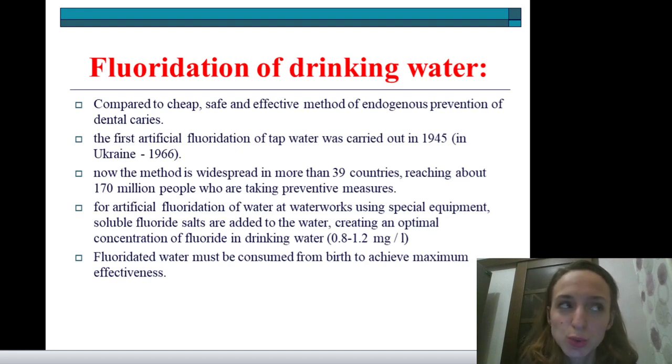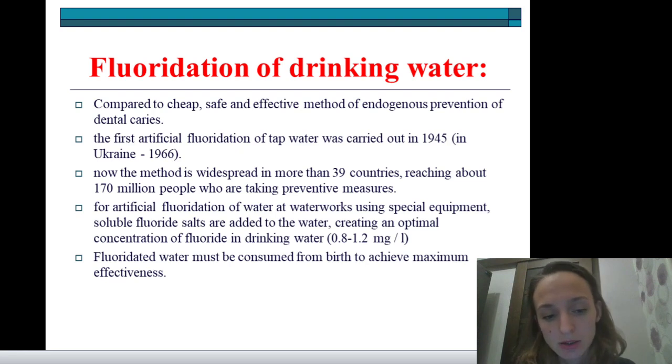So we should know the optimal concentration of fluoride in drinking water. It is from 0.8 to 1.2 milligrams per liter, and fluoridated water must be consumed from birth to achieve maximum effectiveness.